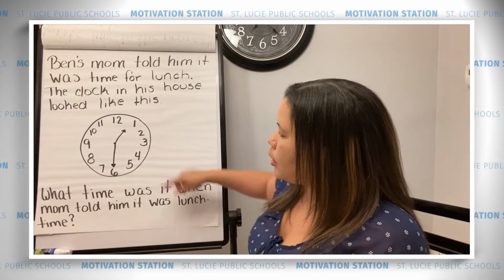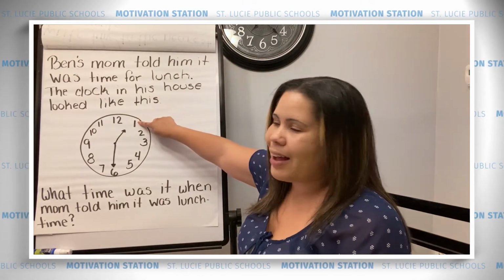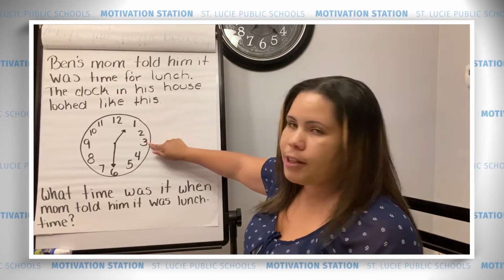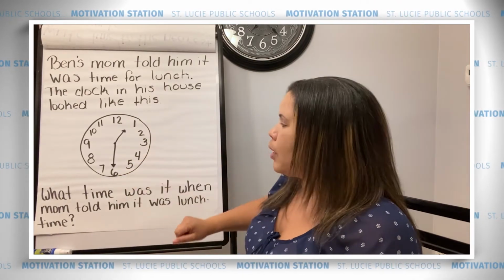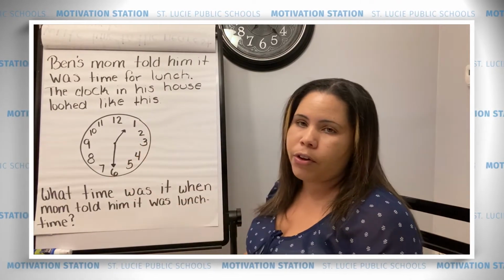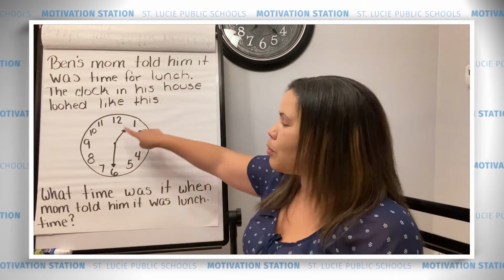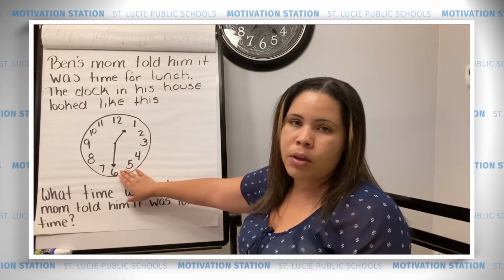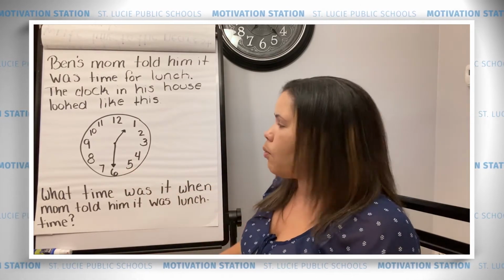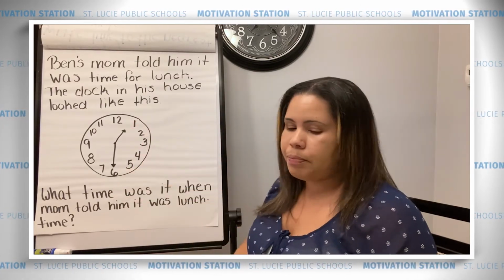So if we start here at our 1, we're going to count 5, 10, 15, 20, 25, 30. So we are at 12:30. And if we also remember, this was a circle, so it was halfway around the circle, which is 30 minutes around our hour. So we are at 12:30.